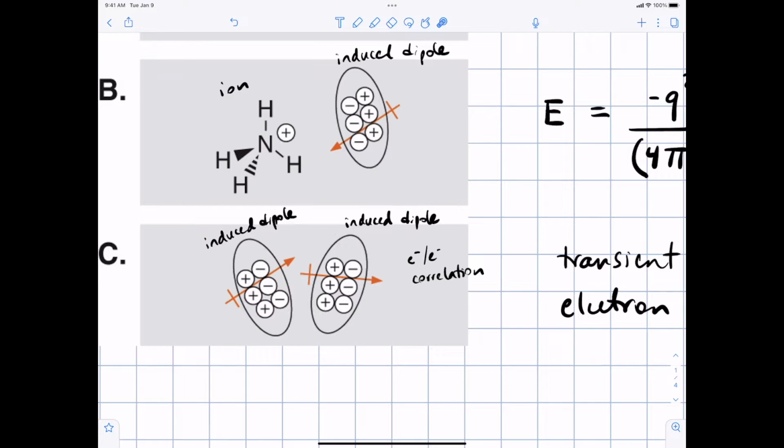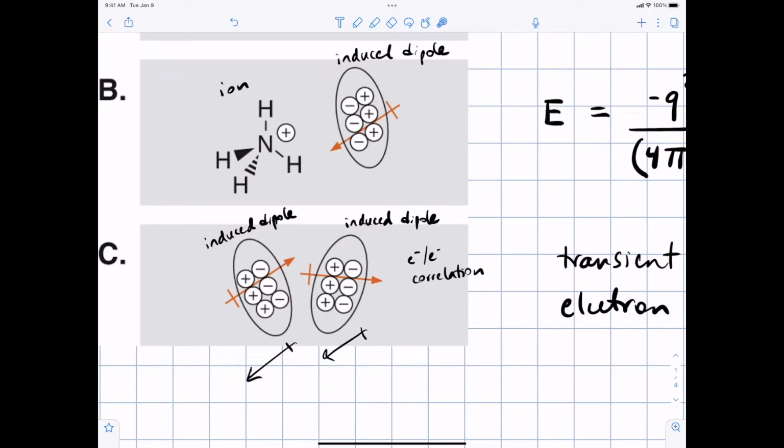So what I don't intend to say is that this induced dipole is permanent. One moment it's going to be like this, the next moment it's going to be like that. This is kind of like if you've ever seen fish swimming together in a school, or tiny birds flying together in a big mass. A couple of birds change their direction and then everybody does. A couple of fish change their direction and everybody does.